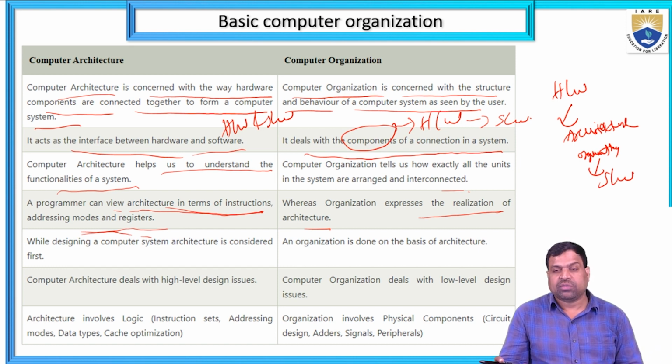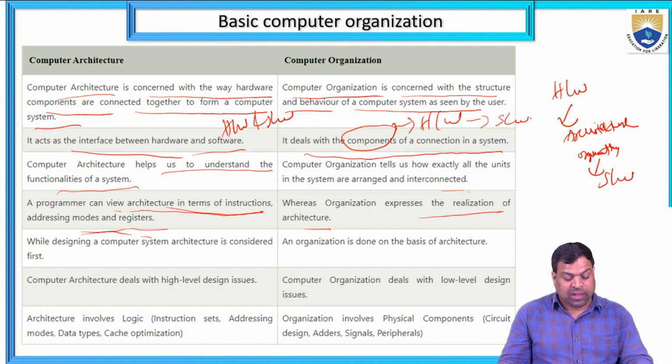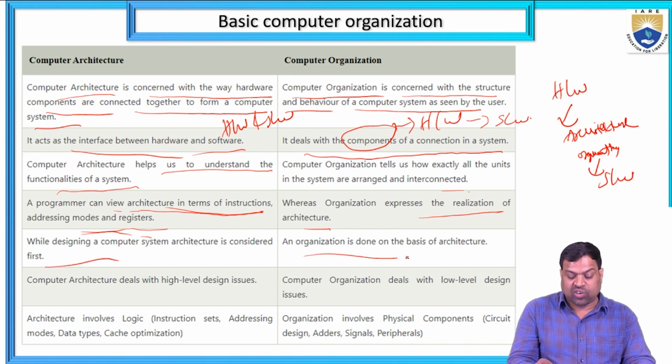Are you using a high level language, or which language are you using? For that, I need architecture: for instructions, addressing modes and registers. For organization, I need a realization of the architecture. So while designing a computer system, architecture is considered first, and organization is done on the basis of architecture.